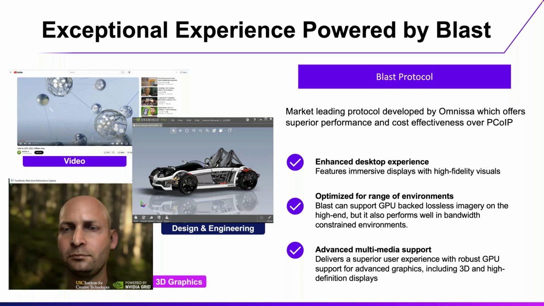We actually do support lossless. We'll talk about PCoIP Ultra and how that's also a good option for graphics, but we have lots of graphics users using Blast. A huge array of different kinds of end users and customers, and Blast has to be the right protocol for all of them.